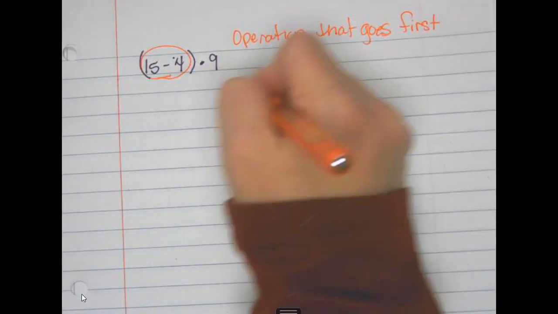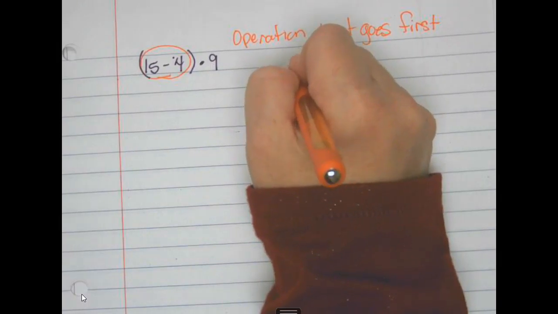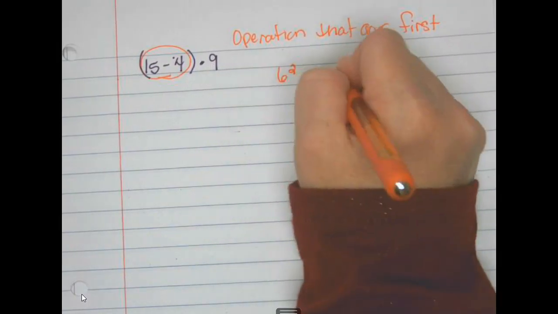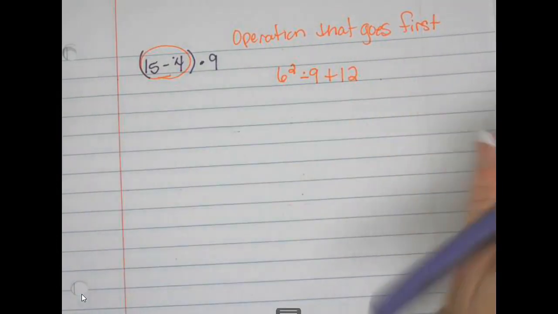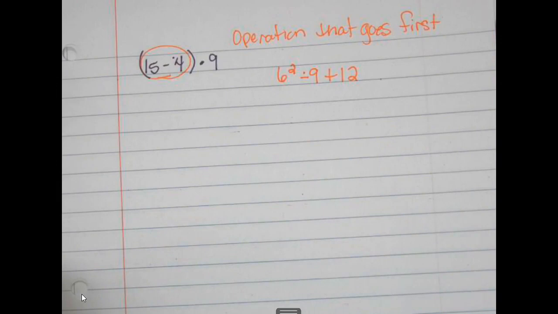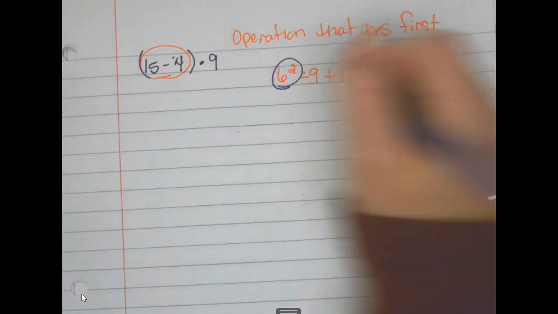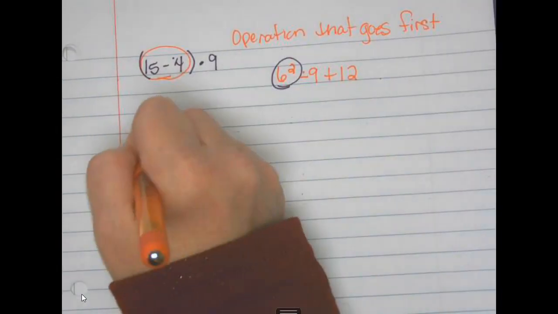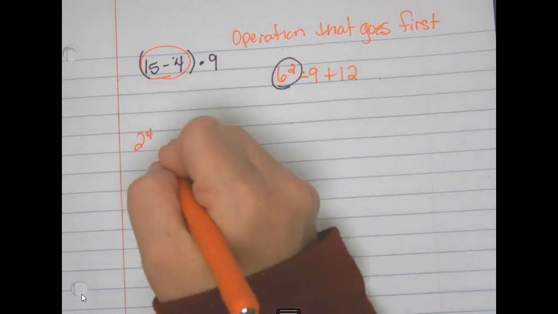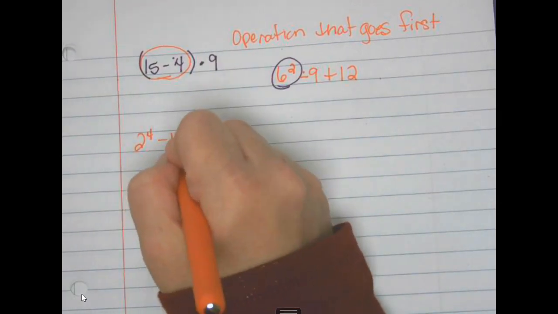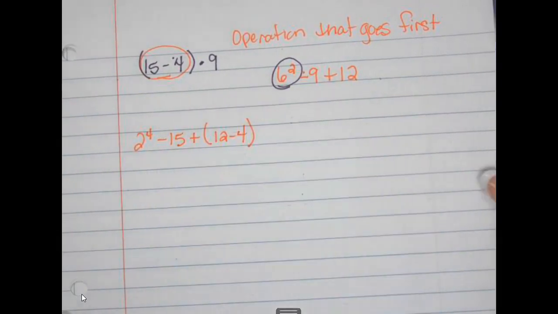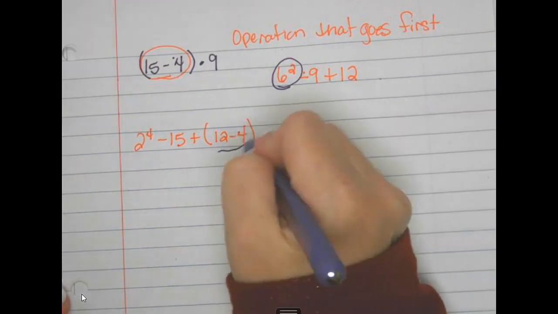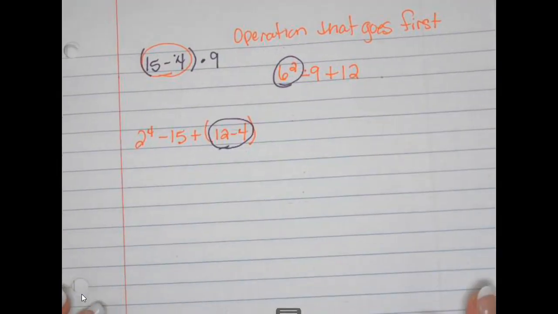How about if I did 6 squared minus 9 plus 12? Which one is going to go first? 6 squared. 2 to the 4th power minus 15 plus 12 minus 4. Which one am I going to do first? 12 minus 4 because it's in parentheses.